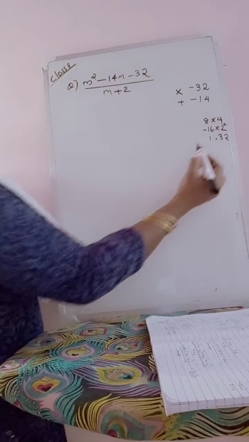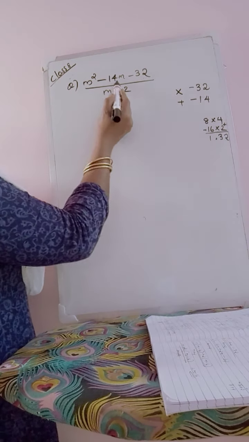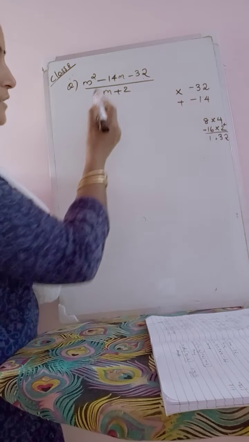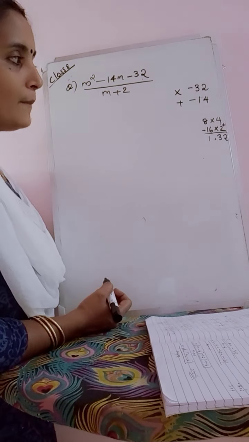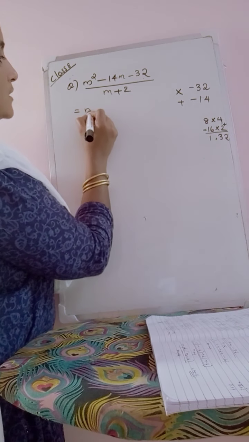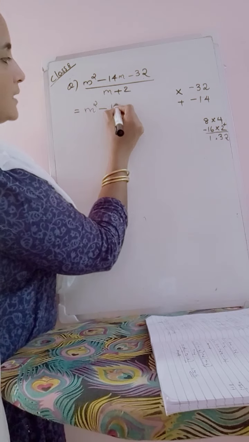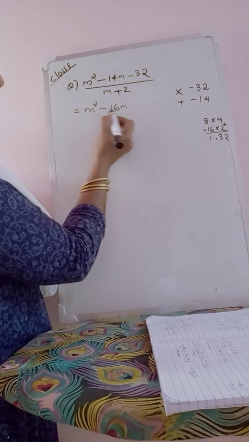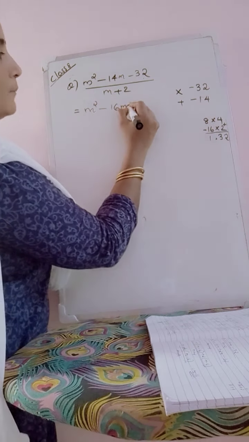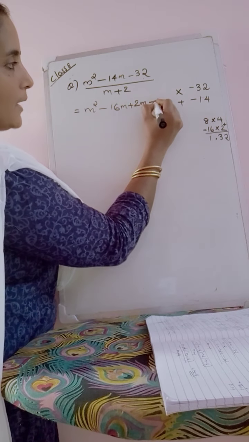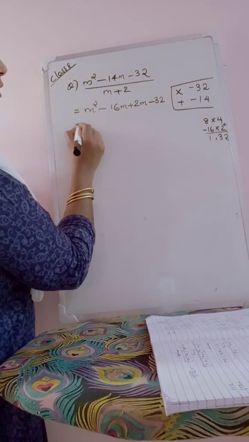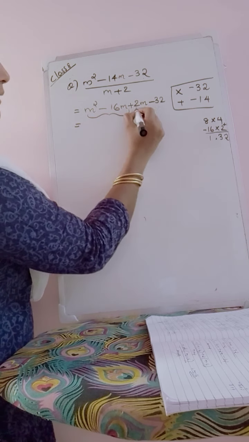Okay. So using these two numbers, you split the middle term minus 14m. That is, instead of this minus 14m, what do we write? Minus 16m plus 2m. So what do you get? M square minus 16m. Sign is very important, because minus 16m and plus 2m gives the answer minus 14m, plus 2m minus 32 is equal to, then pairing the numbers.